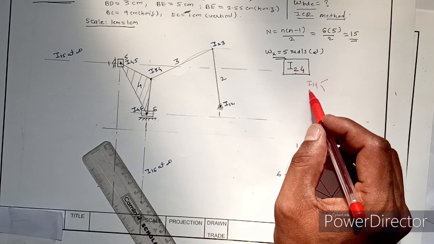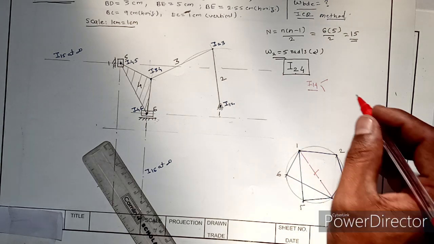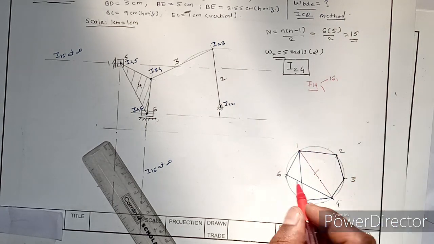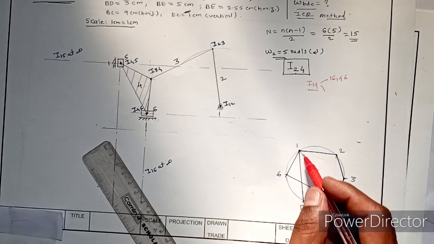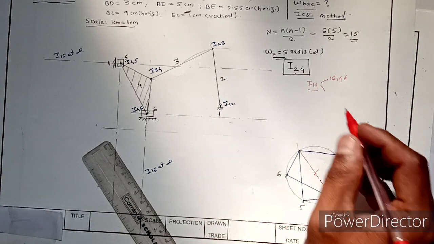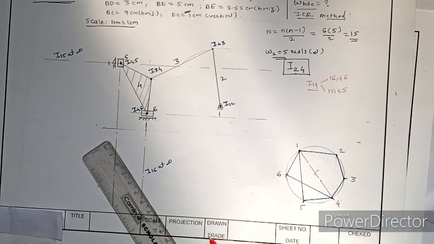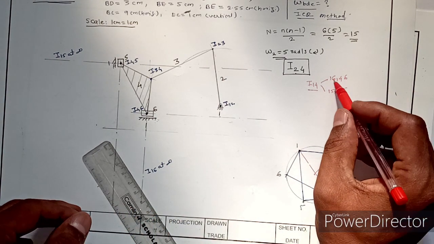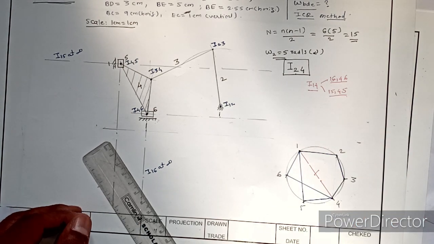So I will write here I14 lies on the line joining 1 6 and 4 6. I14 also lies on the line joining 1 5 and 4 5. So it will be at the intersection of these two lines, the line joining 1 6 4 6 and 1 5 4 5.